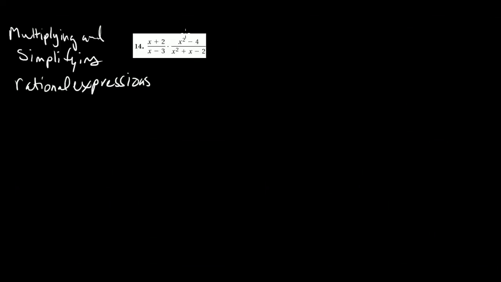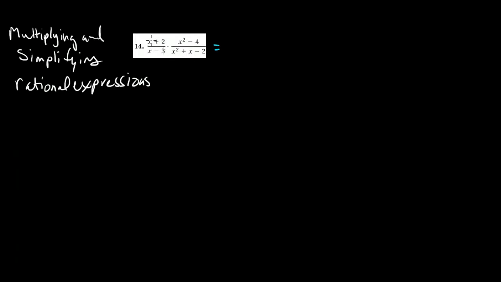Let's see what happens when I multiply the quantity x plus 2 over x minus 3 times the quantity x squared minus 4 divided by x squared minus x minus 2. Okay, the first thing we want to do is, can we factor anything here?